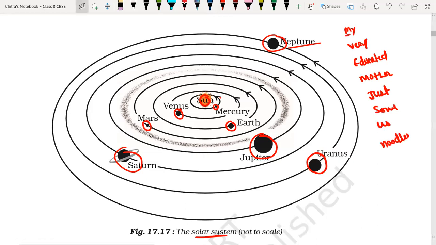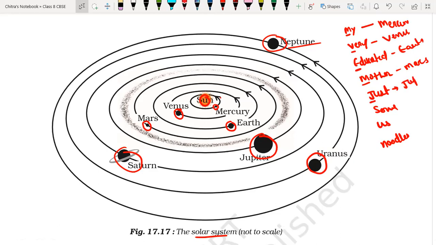So in "my" we have M for Mercury. In "very," the V is for Venus, E for Earth, M for Mars, J is for Jupiter, S is for Saturn, U is for Uranus, and N is for Neptune.